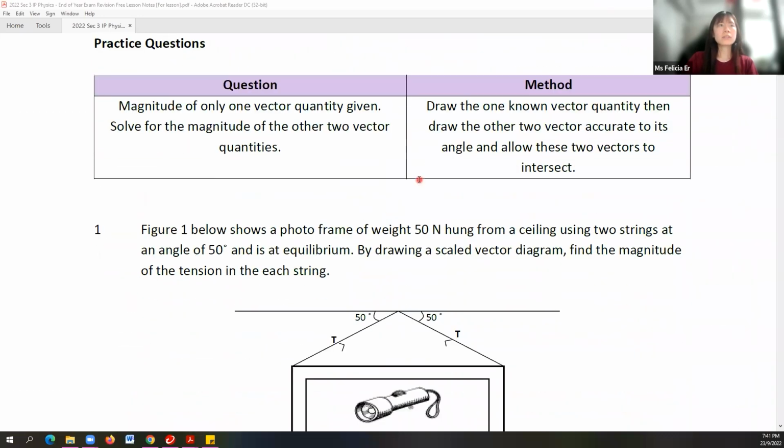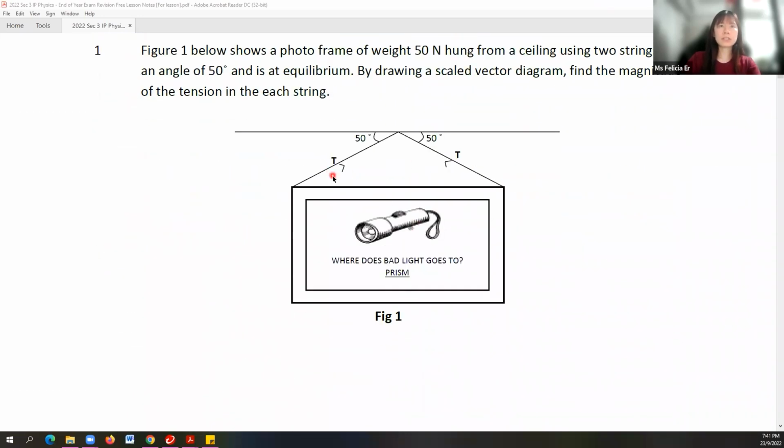Let me come back to this question. Later you must make sure all the lines you join together, the monster will just keep walking in circles, like there is no start and no end. This is for an object that is stationary. By drawing a scaled vector diagram, find the magnitude of the tension in each string.